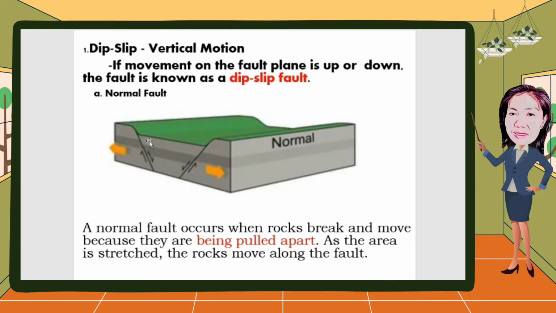So what happens to the plate that is on the top, the hanging wall? If they are pulled apart, this plate moves to this side. So the hanging wall will move down. It will slide down. So the movement is downward. That results in the normal fault.